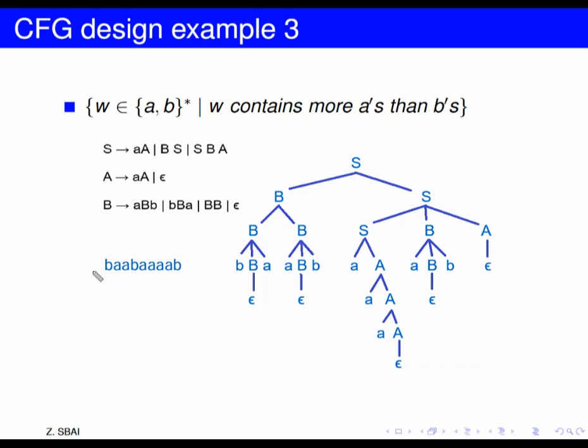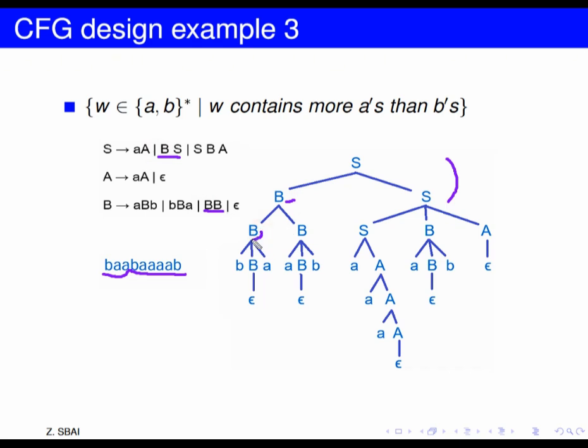The last string will be B double A, B, four A's, followed by another B. So we will first choose the rule S yields to BS. Then for this B, we will choose B yields to BB.